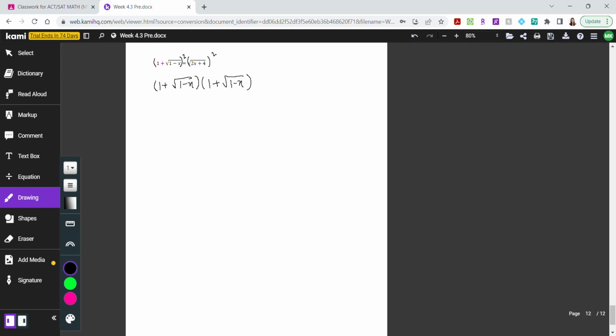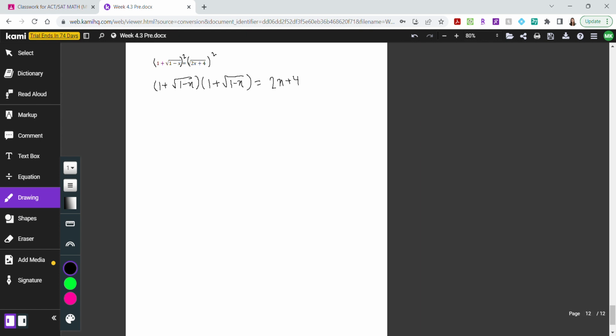The reason that the square root sign doesn't cancel straight away is because there's a 1 plus here. On the flip side, because this square root sign is by itself, it's not like there's anything to the side of it, we can just immediately take the square root sign away.